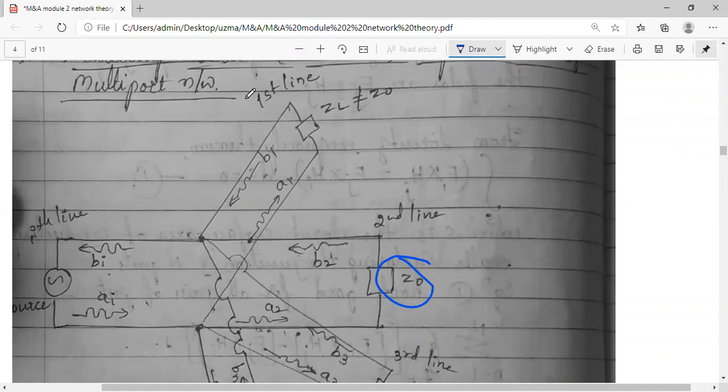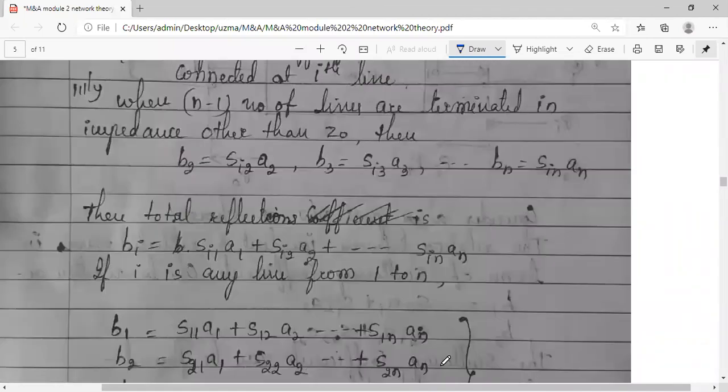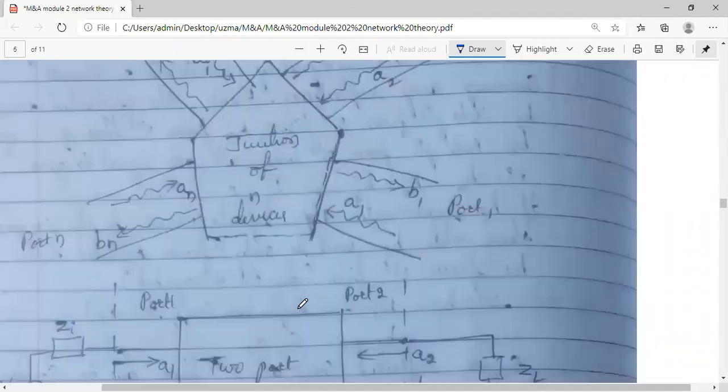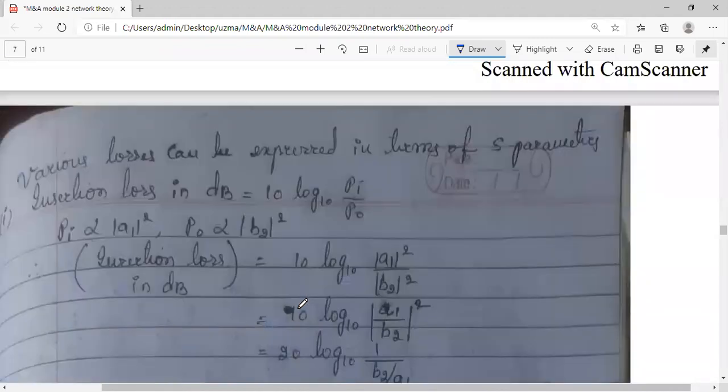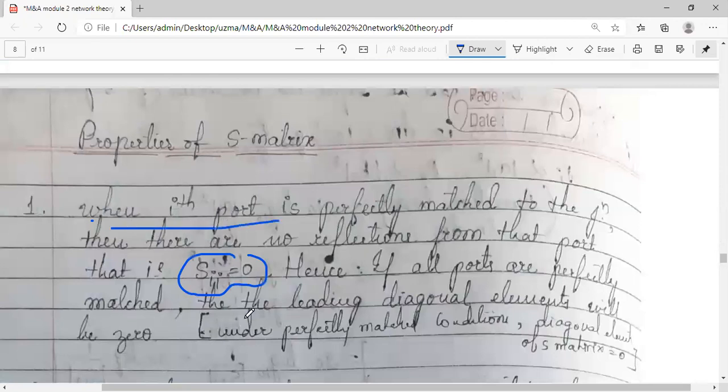For the derivation, we need not recall again what we did. So for a perfectly matched condition, we know that ZL is equal to Z naught. So for any ith port, if it is perfectly matched to the junction, then there are no reflections from that port.